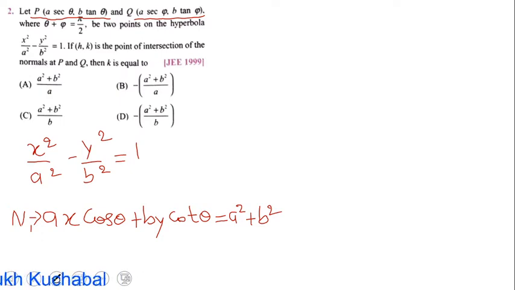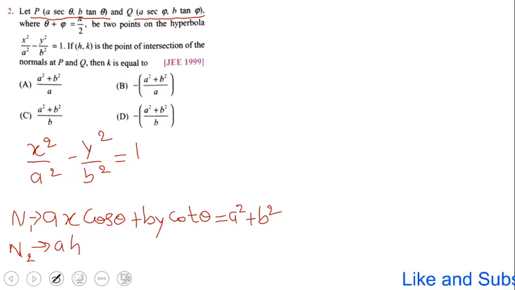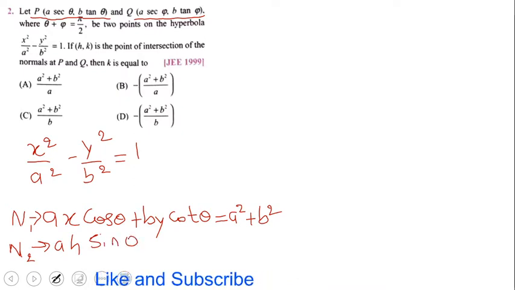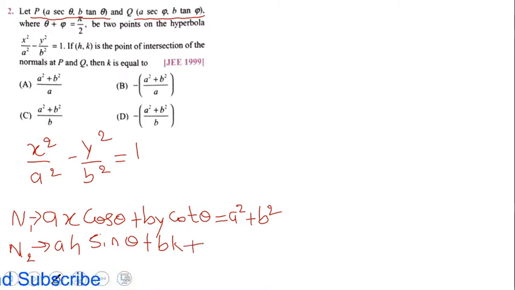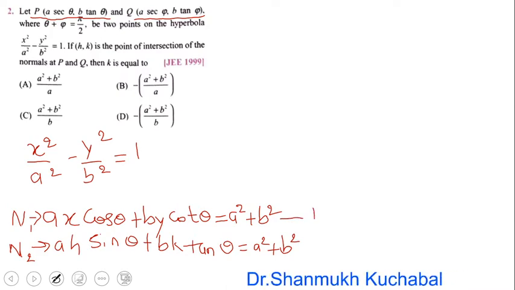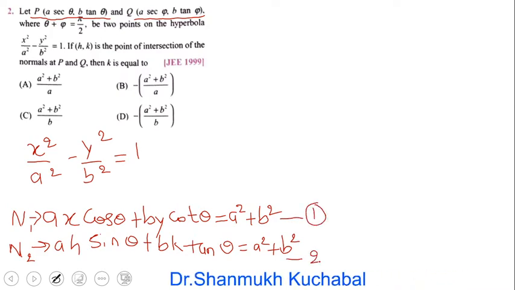So I represent this as the second normal n2, and the normal will become ax sin theta plus by tan theta equal to a square plus b square. I call these equations 1 and 2.